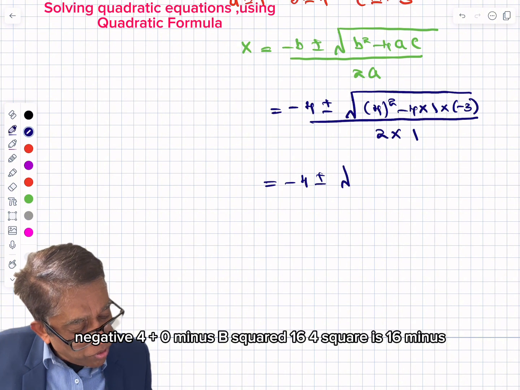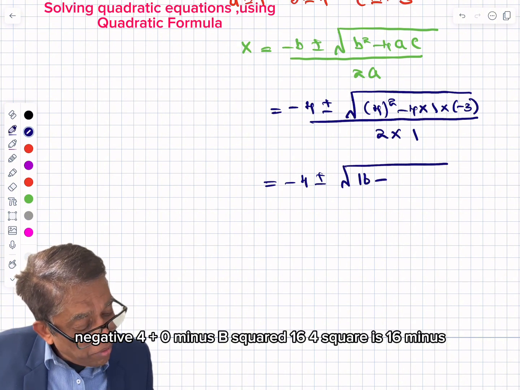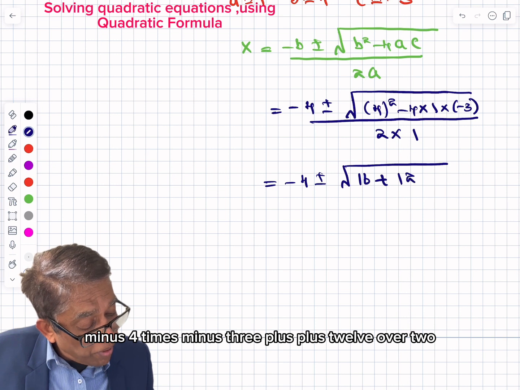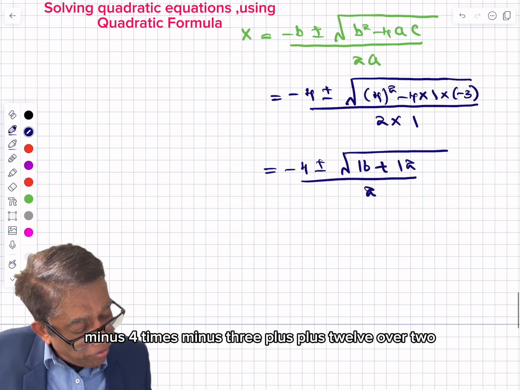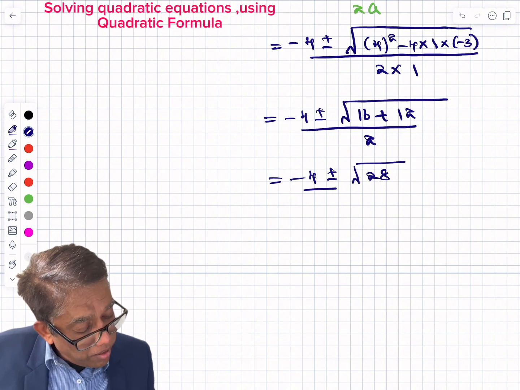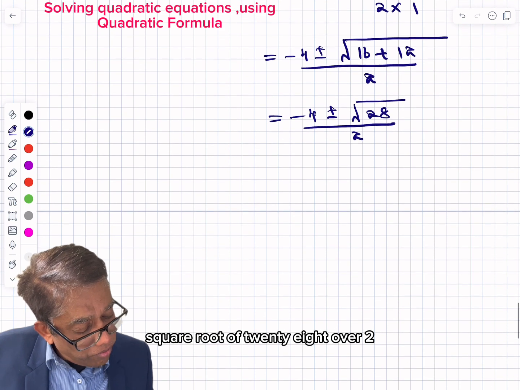Negative 4 plus or minus the square root of 16 minus 4 times -3, which is plus 12, over 2. Actually, -4 ± √28 over 2.